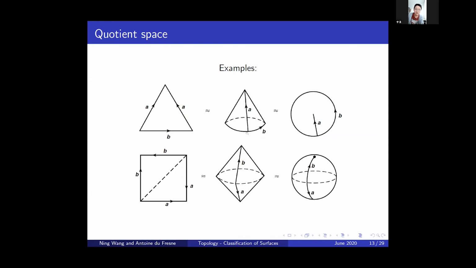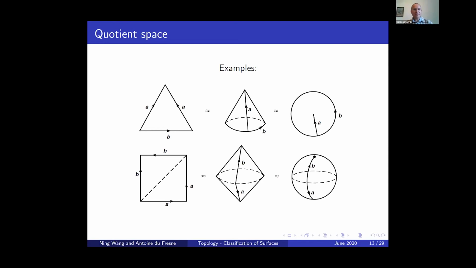This time we don't get the unit disk; instead we just stop at the cone, and we make a non-space, which is a form of two cones pasted together.